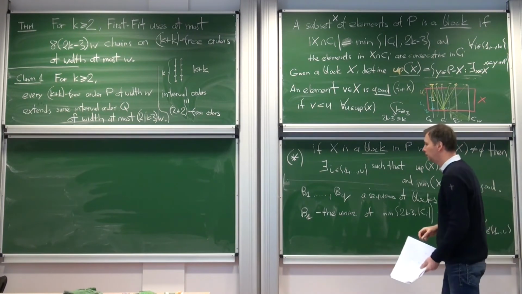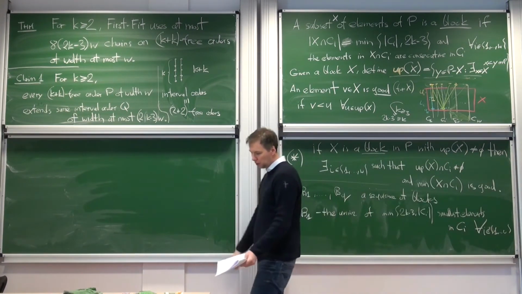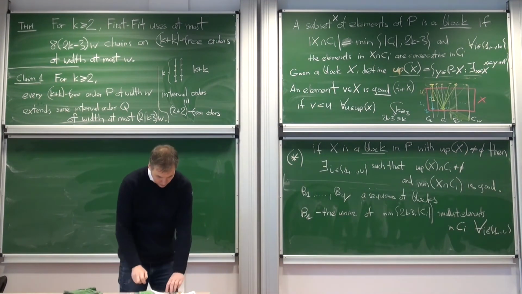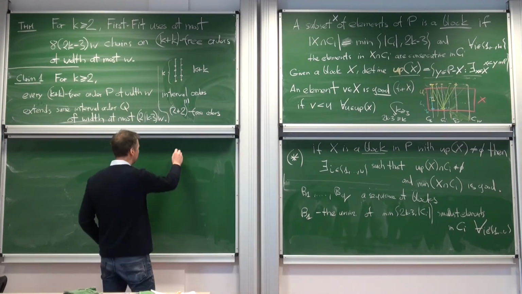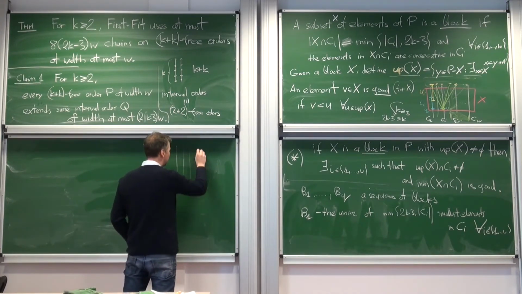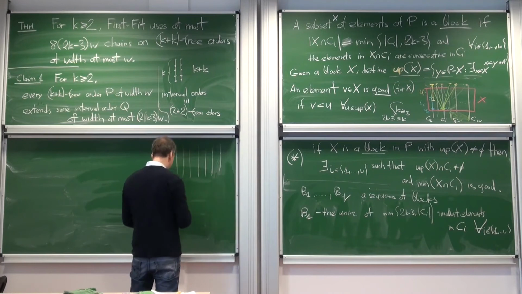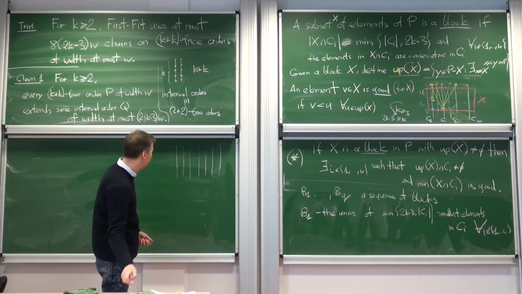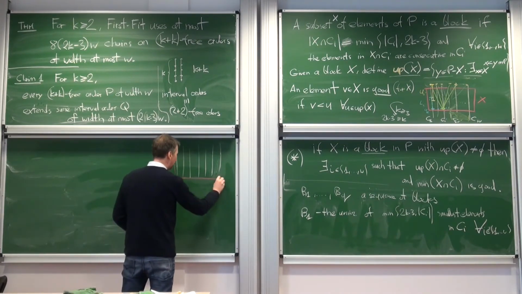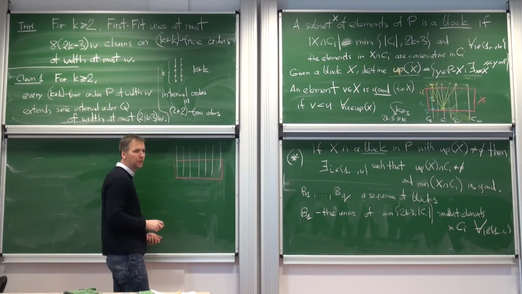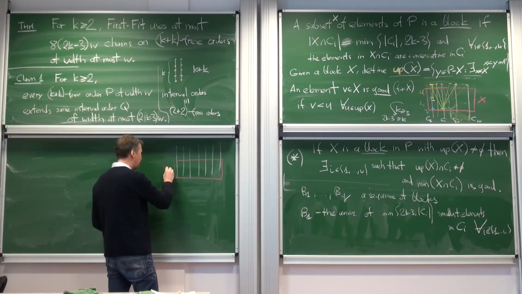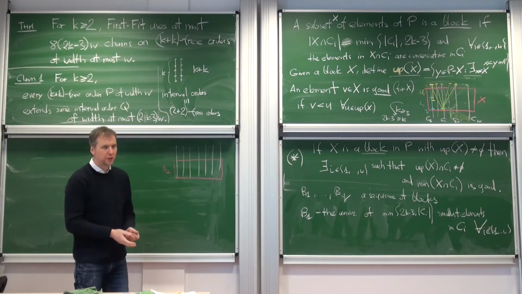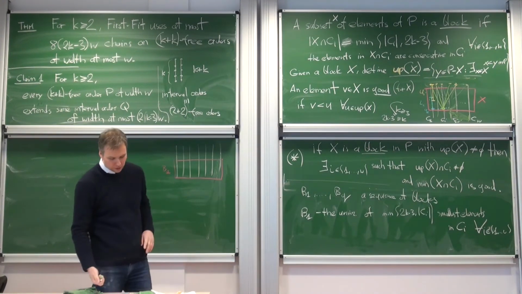So what are we doing here? We are back to our chain partition, right? And we just chunk off the block of very bottom elements. Yeah? This is B1. 2k minus 3 of each chain. I assume that all chains are long enough.